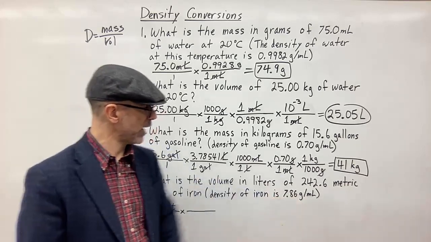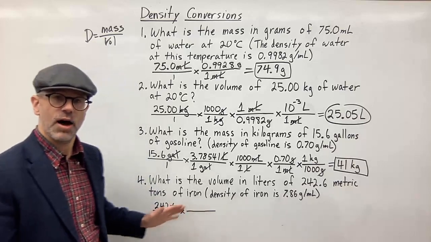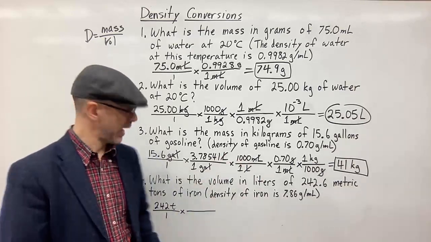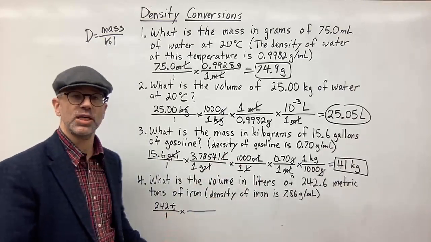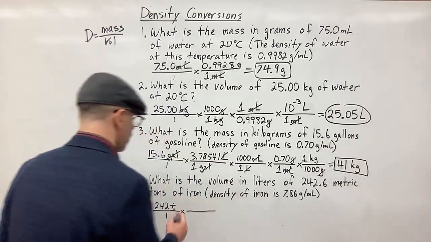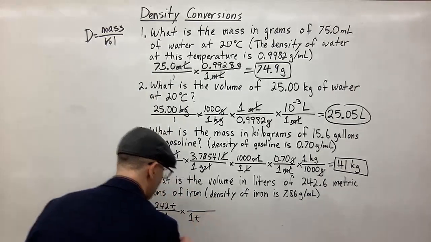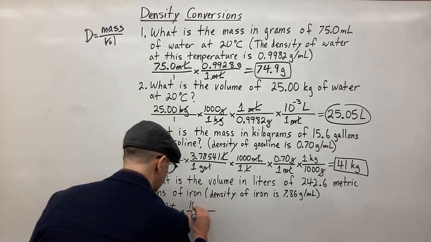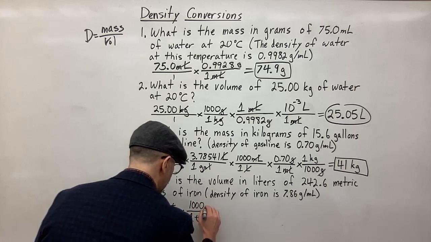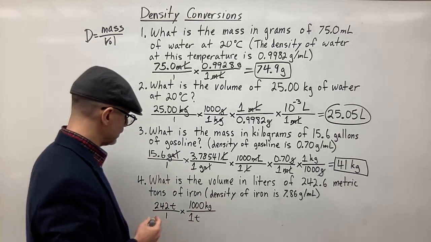So we need to get to grams. So first we need to know what the relationship is of metric tons to something. And that is 1 metric ton is equal to 1,000 kilograms. So we'll put 1 metric ton on the bottom and 1,000 kilograms on top.